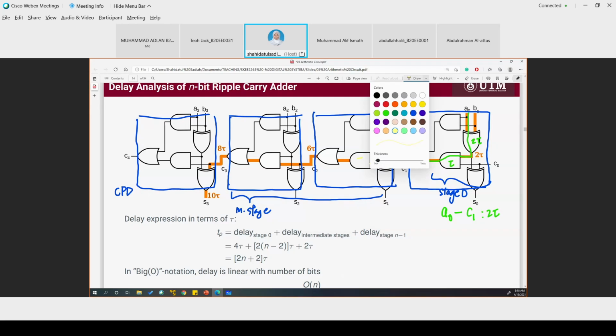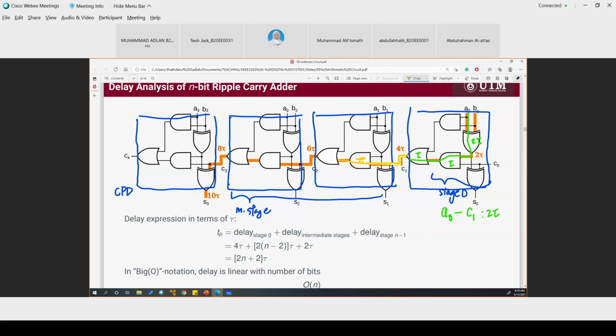Hopefully you can see that here. Going into a tau, then another OR, another AND, and another OR here. So it's from C1 to C3 in total.